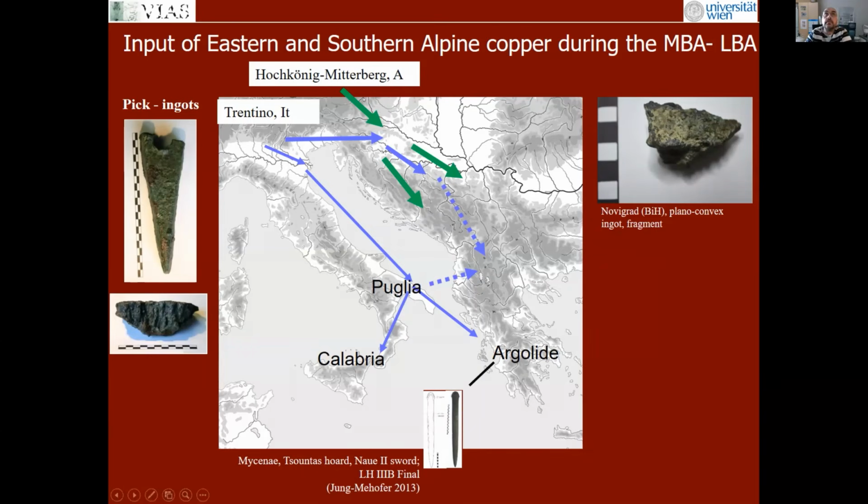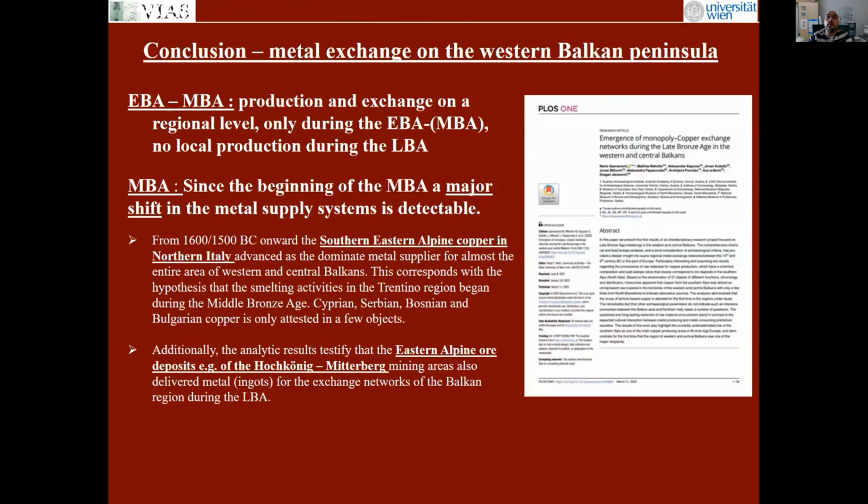But what's very interesting, and I have to come to an end, is that again the Trentino supplies metal for all Italy, for all the Western Balkans, and even down to Greece we find metal from this northern Italian mining region, which gives us a very good insight into how far these metal exchange networks can reach.